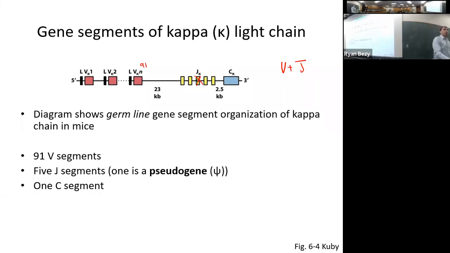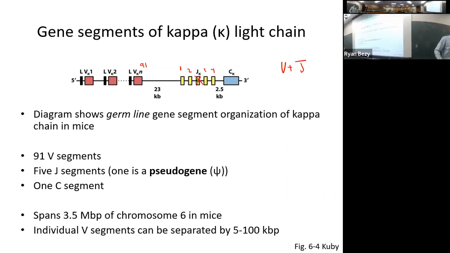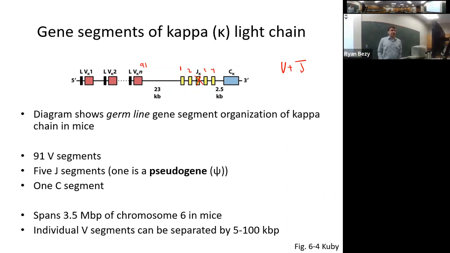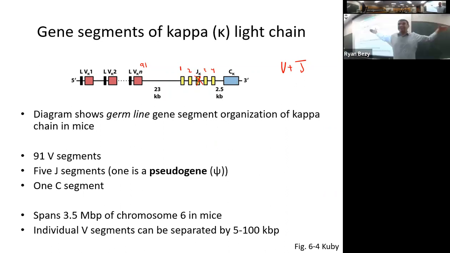So you just have 4 J segments that count: 1, 2, 3, and 4. And then again, in kappa light chain, you've got one constant segment, the constant kappa domain. This is big. It spans about 3.5 million base pairs of chromosome number 6 in mice. That's a big chunk of chromosome number 6 that is just antibody genes.